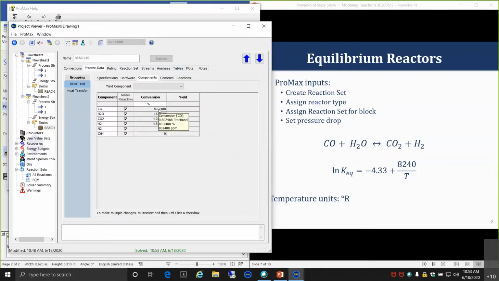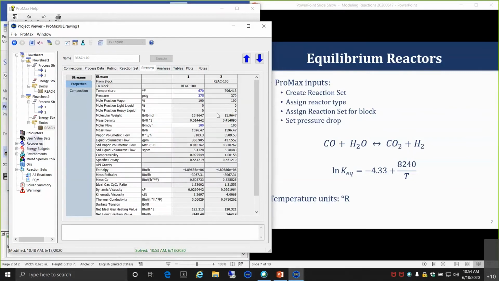We're at 80.2, so we have lower conversion, and we are slightly cooler coming out because we have less reaction occurring.